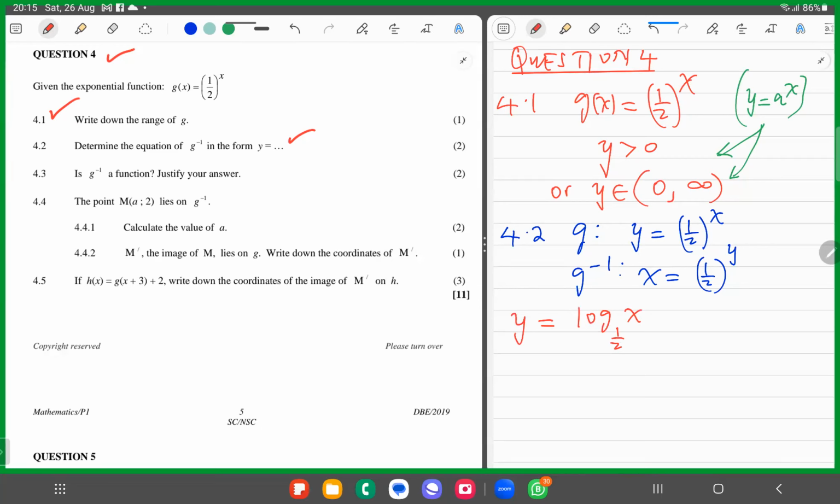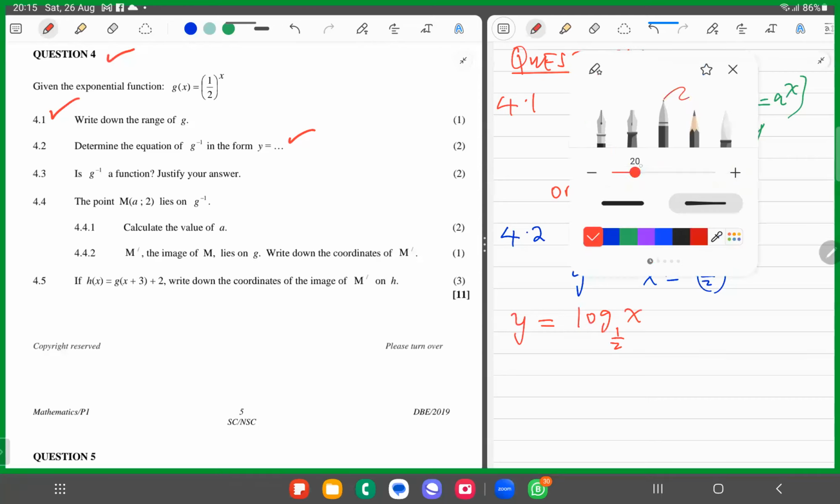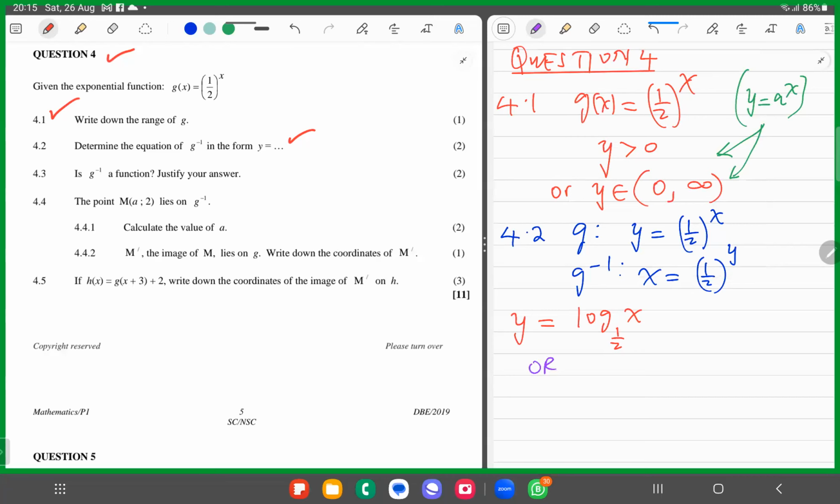This is the log function, but it can be written differently. You can write y as the logarithm of x base 1/2, which is the log of x divided by the log of 1/2.